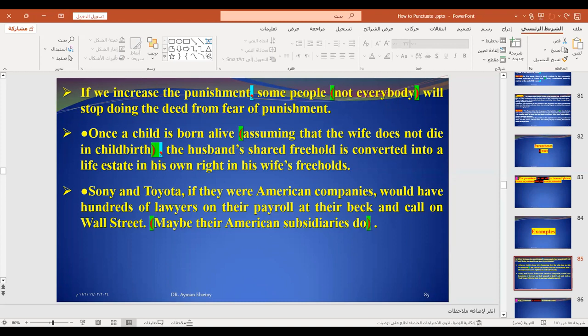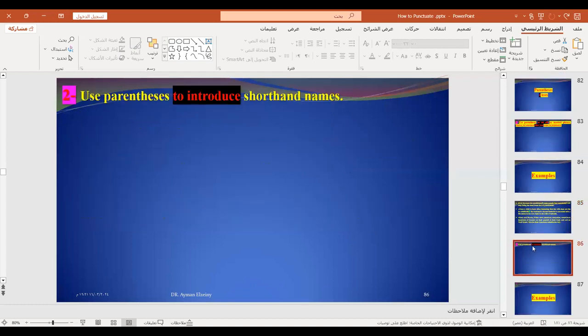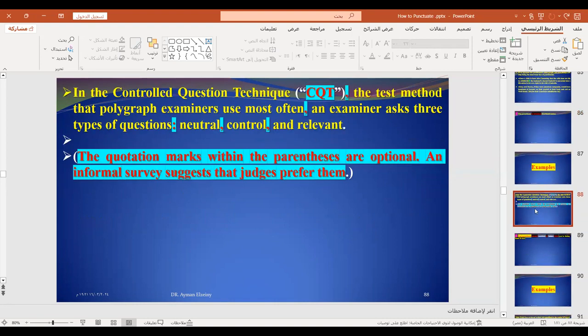The second use of parentheses is to introduce shorthand names. For example, in the controlled question technique, when I want to make a shorthand name, controlled (C), question (Q), technique (T).